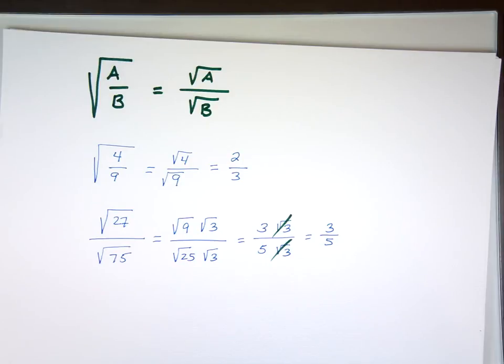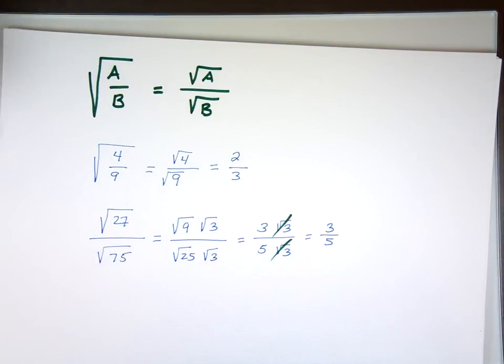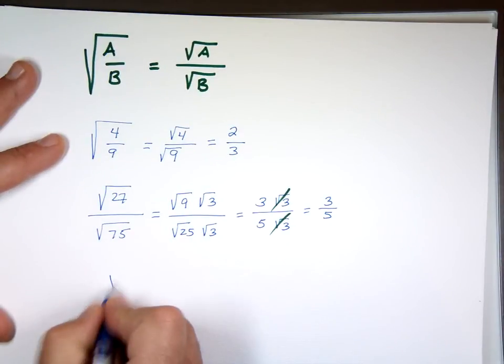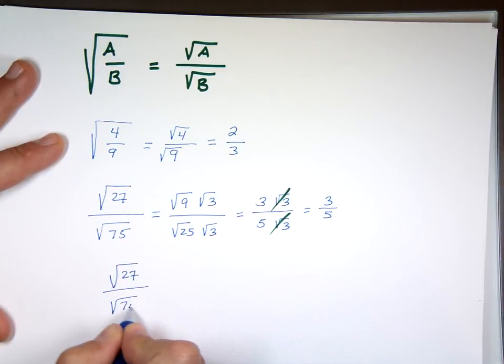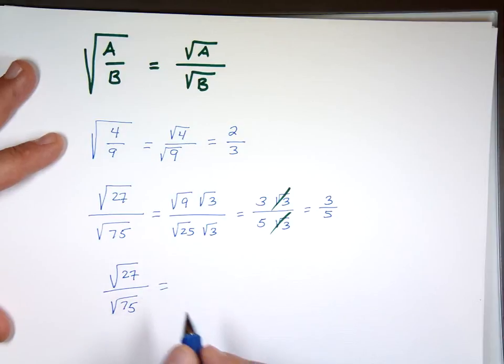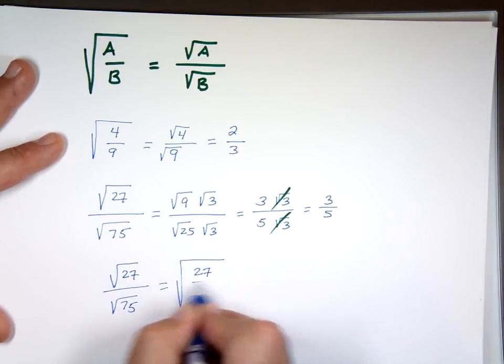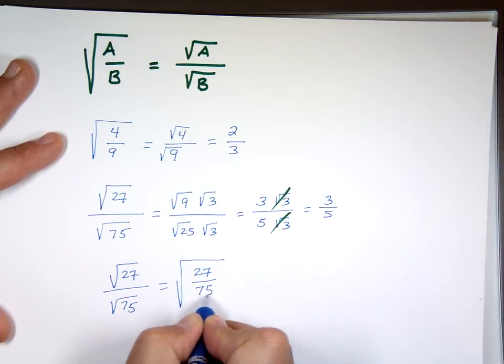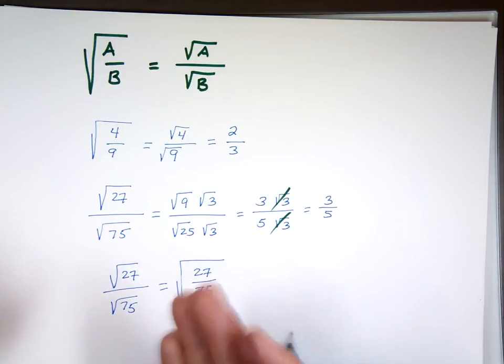If you don't like what I did to this problem, I'll show you a different way. I can make it one fraction, 27 over 75. And now you can divide both of these by 3.